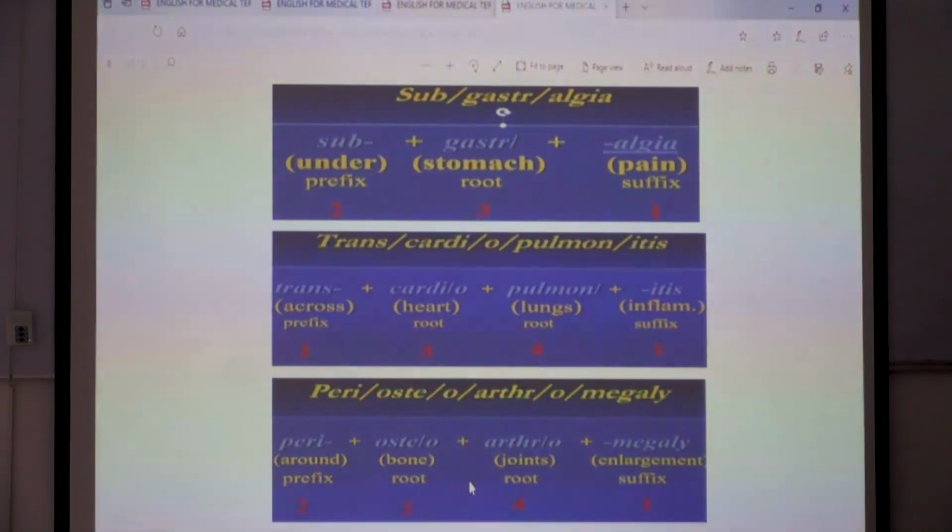Another term we see is transcardiopulmonitis. Trans is the prefix, card is the root, o is the vowel, plus pulmon, which is the lung, plus itis, the inflammation. Let me repeat it.